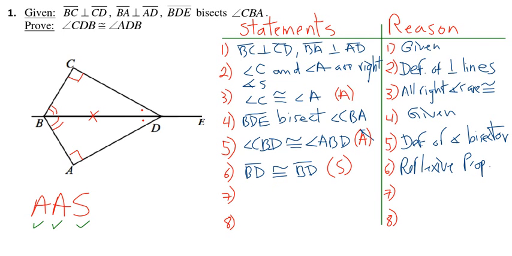And now I have angle side, so I should be able now to write the conclusion that these two triangles are congruent, not the final conclusion, just the conclusion that the two triangles are congruent. So triangle CBD is congruent to triangle ABD by the angle side criteria.